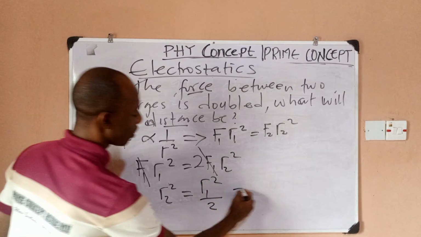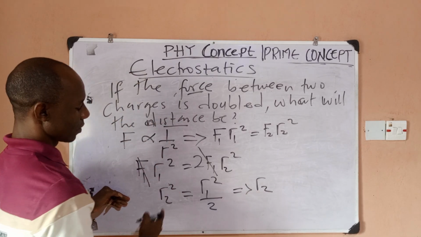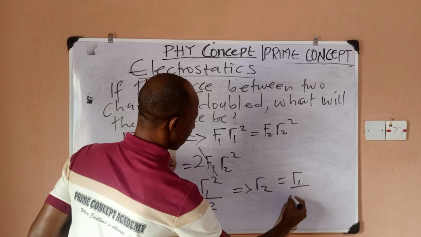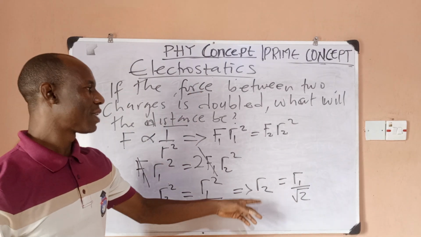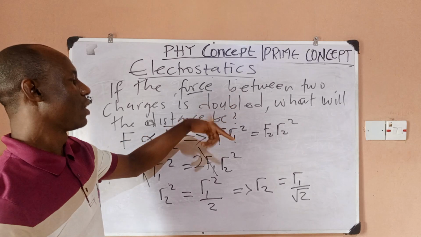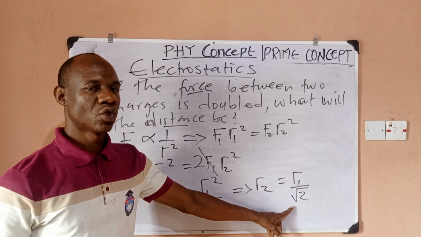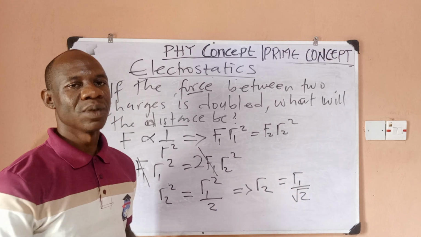And then if you solve this to get R2, you have that R2 is R1 over square root of 2. So if the force is doubled, then the distance is going to be 1 over root 2 times R1. So this is what your answer is going to be.